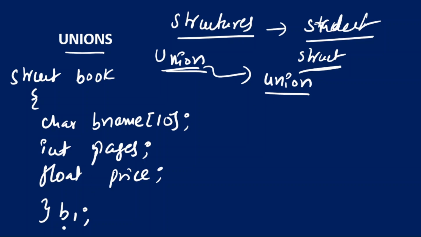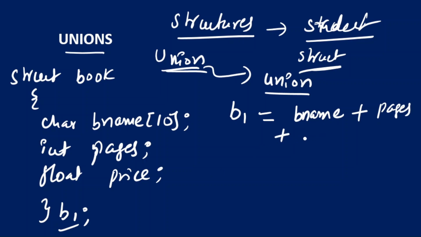Now, whenever the structure variable b1 is created, then automatically how much memory is allocated for the structure variable b1? The amount of memory allocated is the amount of memory allocated for the first data member bname, plus the amount of memory allocated for the next data member pages, plus the amount of memory allocated for the third one, that is price.